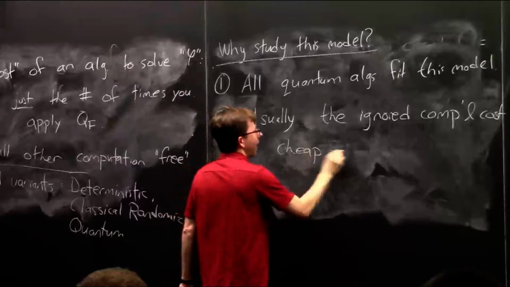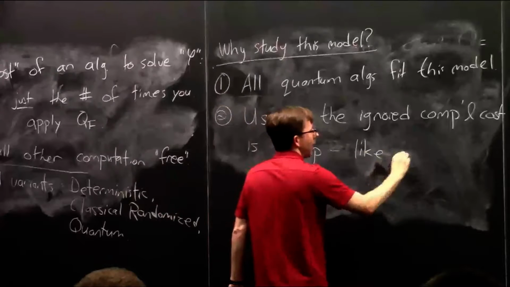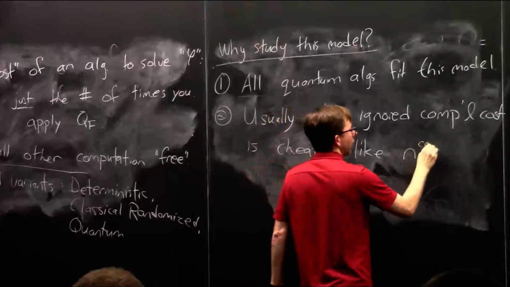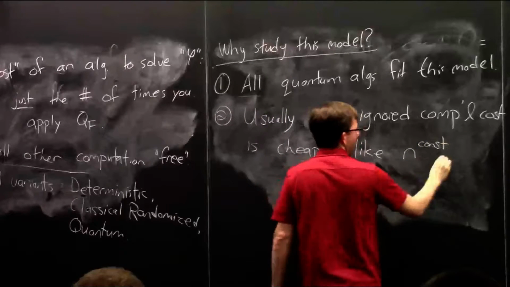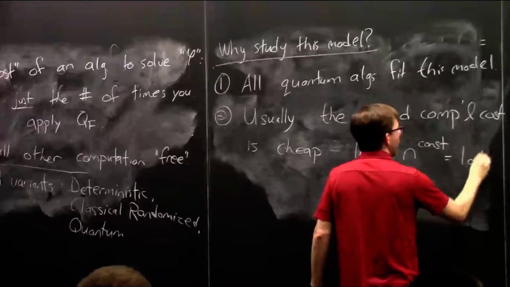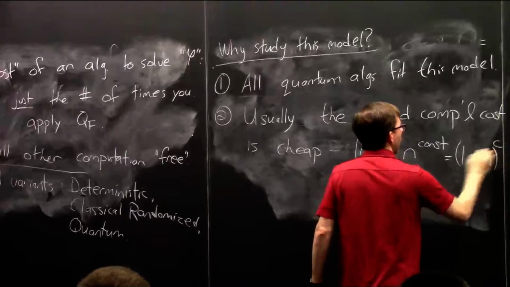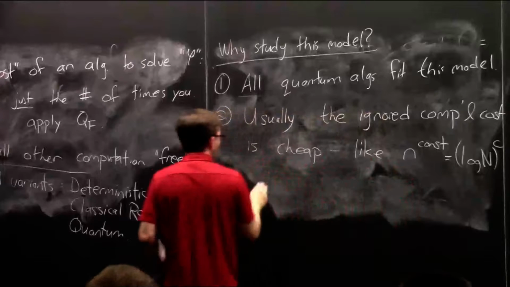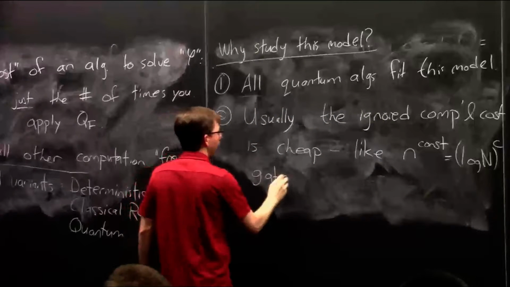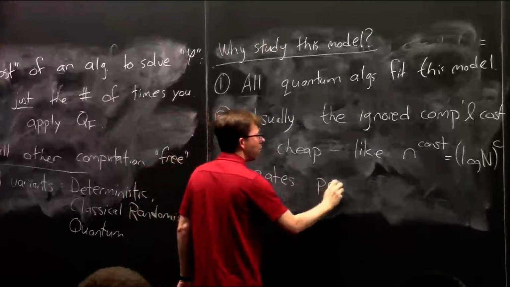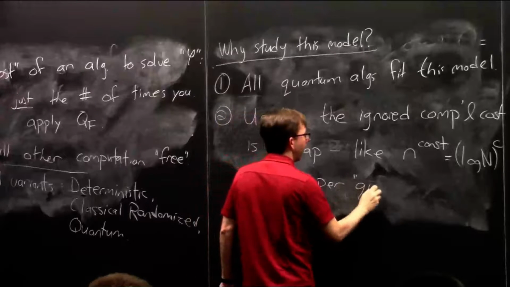So it's maybe little n to the constant, which is log of capital N to a constant, gates, or time per query.